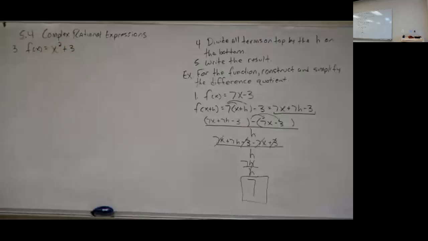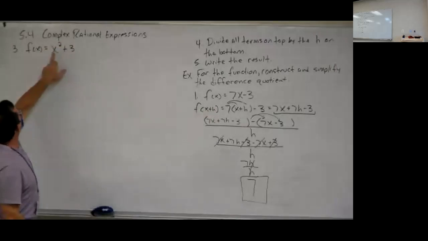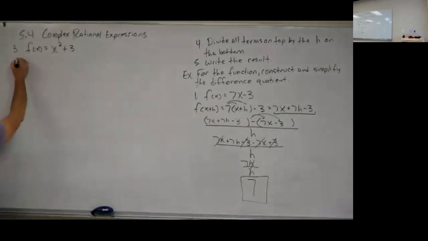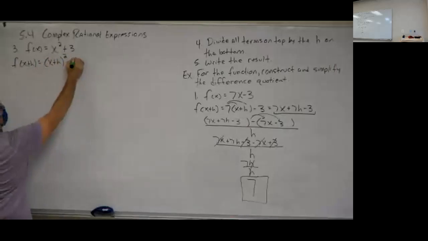All right, so the first thing we're going to do, we're going to find f of x plus h with this. So that means where we got an x being squared is now going to be an x plus h being squared plus my 3. Okay? So replace the x with the x plus h.